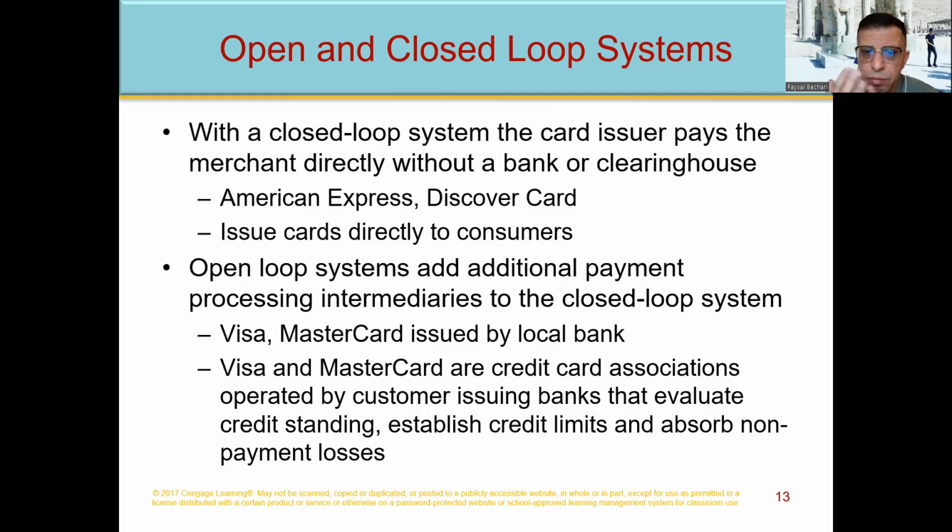So Visa and MasterCard are issued by a local bank, but the original issuer is Visa and MasterCard. Visa and MasterCard are credit card associations, operated by issuing banks that evaluate credit standing, establish the credit limit, and absorb the non-payment losses.